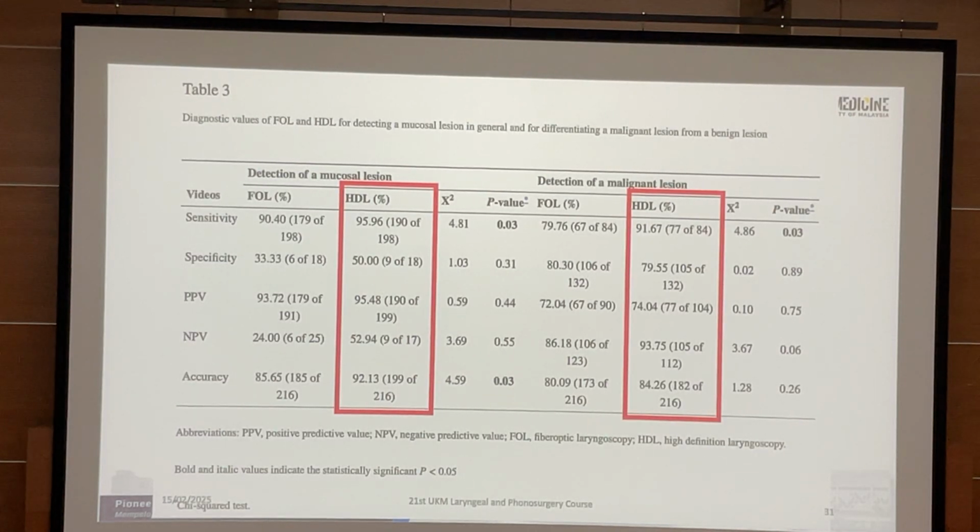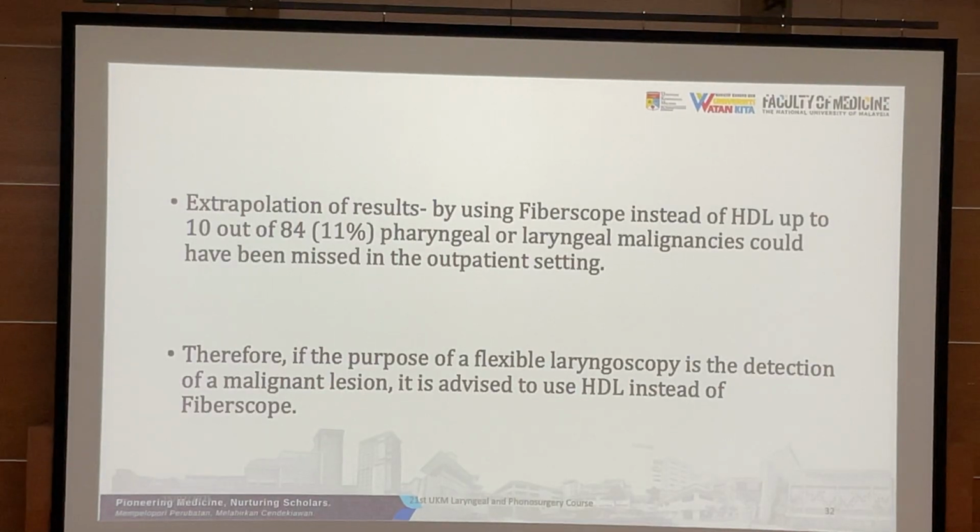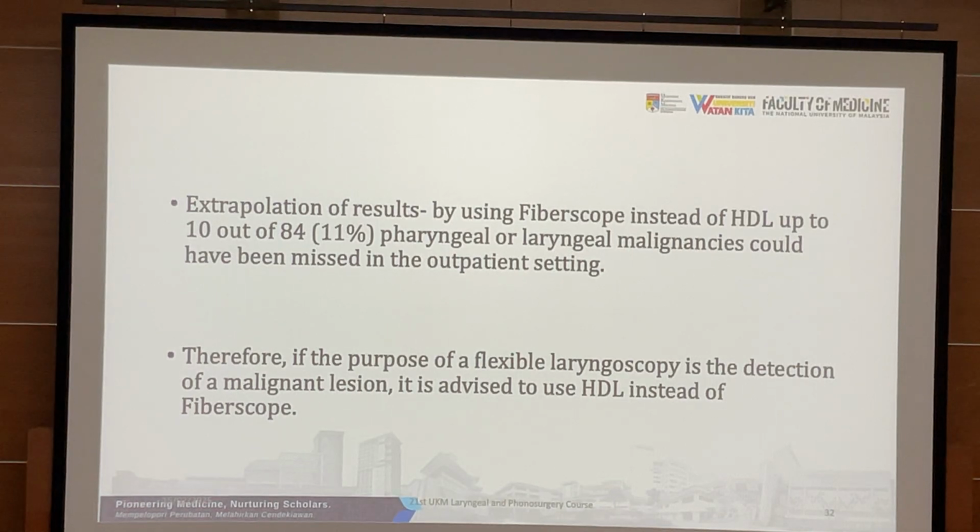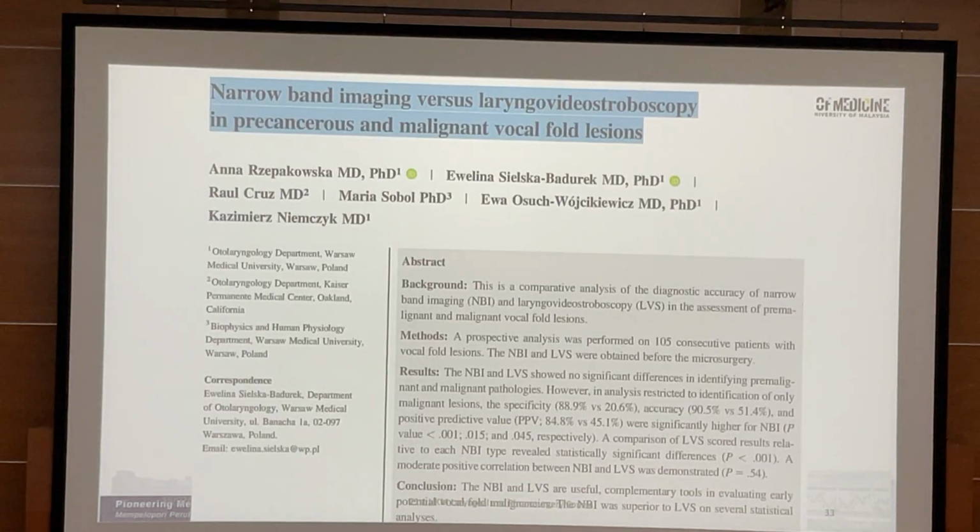A study shows that when you compare fiber optic and high definition laryngoscopy, meaning camera at the tip, if you extrapolate the result, it shows that if you use a fiberscope, you have a chance of 11% of missing a malignant lesion. You have that 11% risk of missing a malignant lesion.